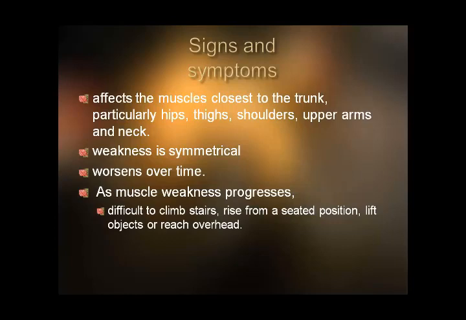So it is a proximal myopathy, and usually there is symmetrical muscular weakness and inflammation. It is a gradually worsening chronic inflammatory disease with no spontaneous remissions, leading to wasting and weakness of the muscle. As muscle weakness progresses, the patient has difficulty climbing stairs and rising from a seated position.